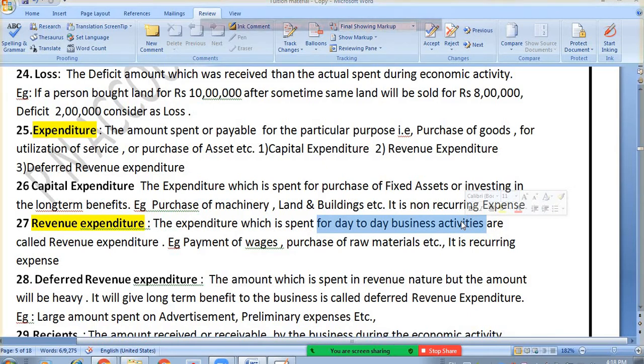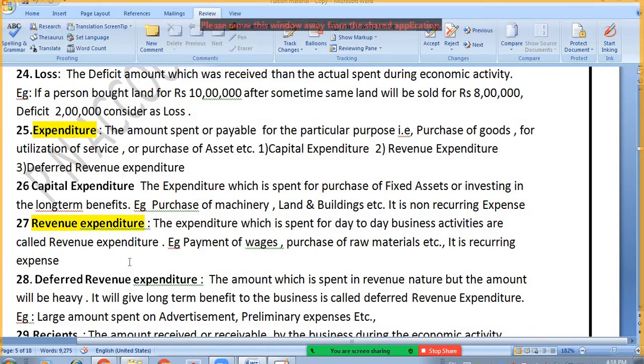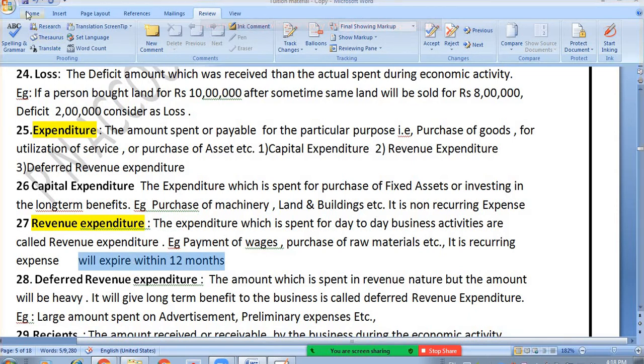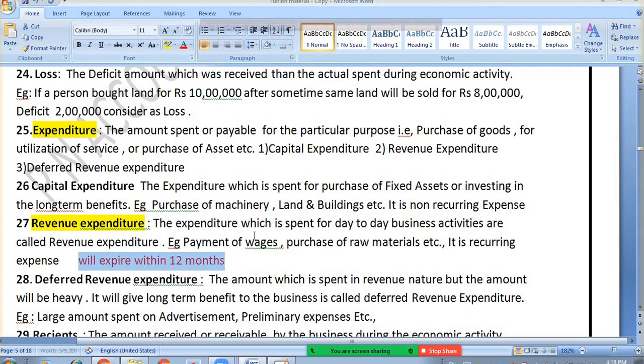Revenue expenditure will expire within a 12 month period; the amount spent for revenue purposes will be expired within 12 months. That is what revenue expenditure is.